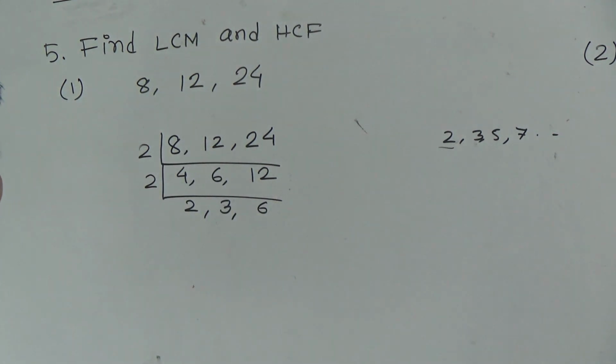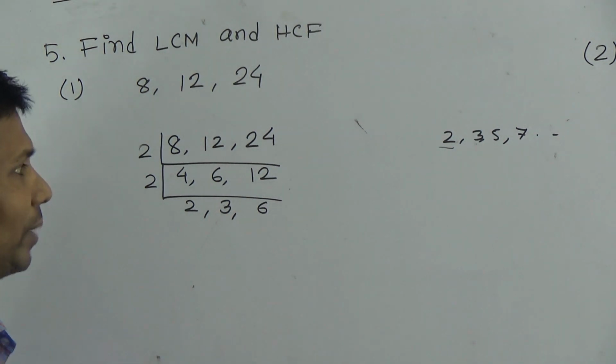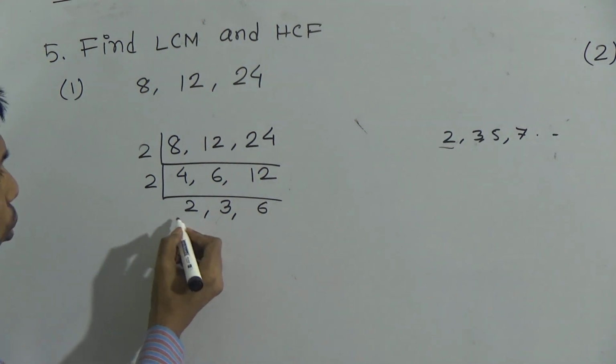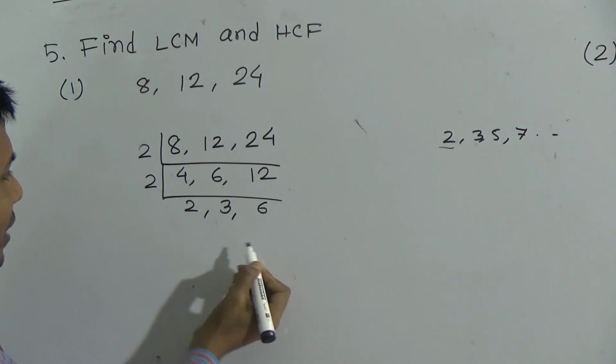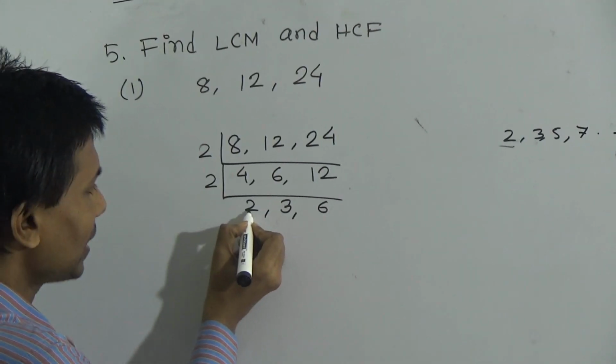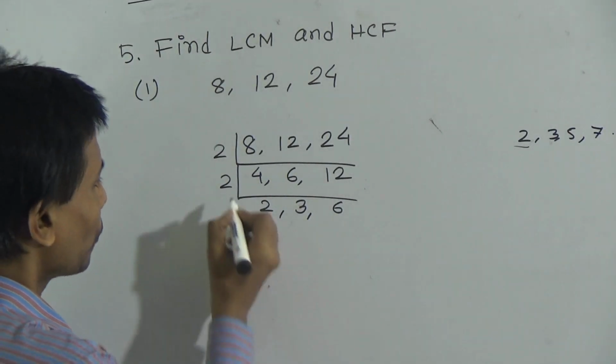I told you, for determining LCM you select a prime number so that at least two numbers are divisible by it. That means if you select 2, then this number and this number are divisible.